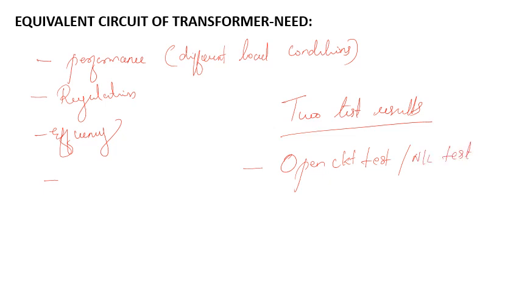From this test we will get iron losses, our ultimate aim is to find out the iron losses. And the second one is the short circuit test. Short circuit test is mainly used to find the copper losses. So considering all these things, we will find the efficiency of the given transformer.